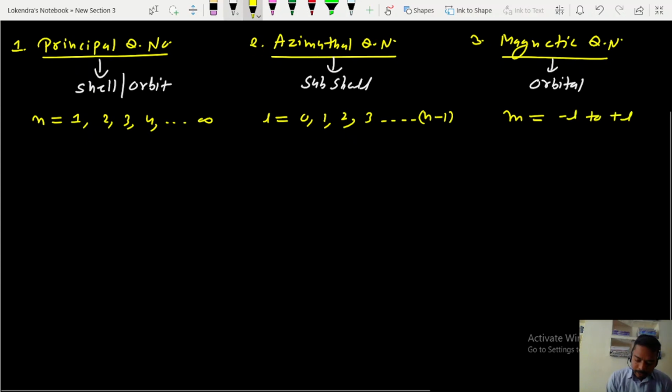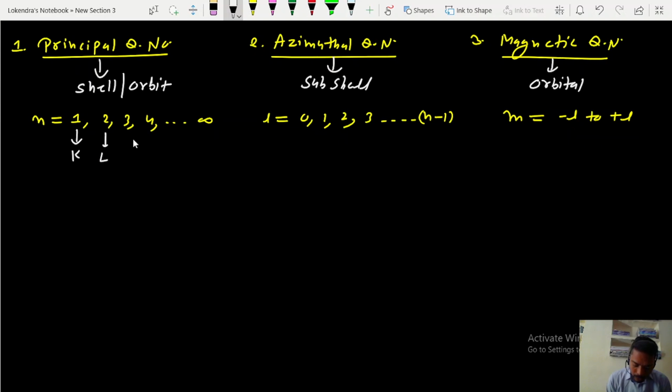Okay, and these quantum numbers are also represented by some notations. The first shell can be represented by K, we know that, and the second is represented by L, the third shell is represented by M, and the fourth shell is represented by N, and like that.